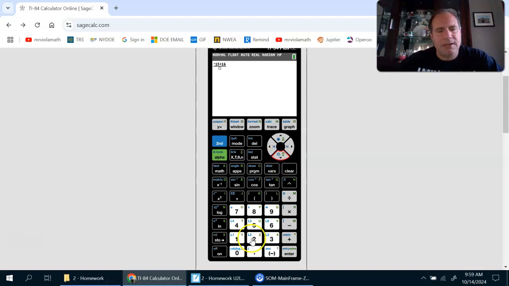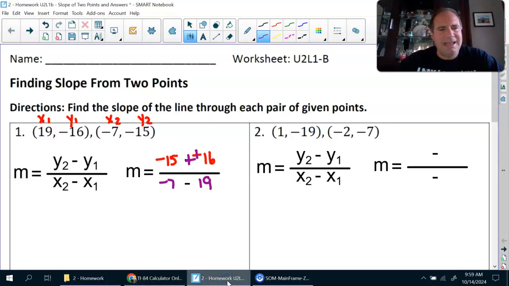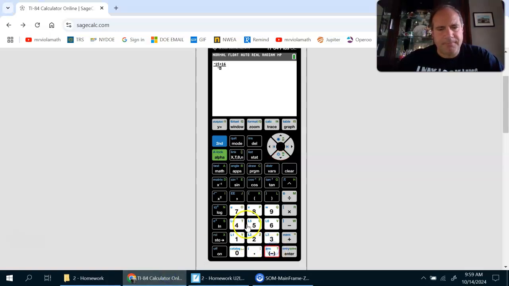And you're going to go down and do negative 7 minus 19. Remember, put this all in the calculator, and then you press enter, and it gives you negative 1 over 26.